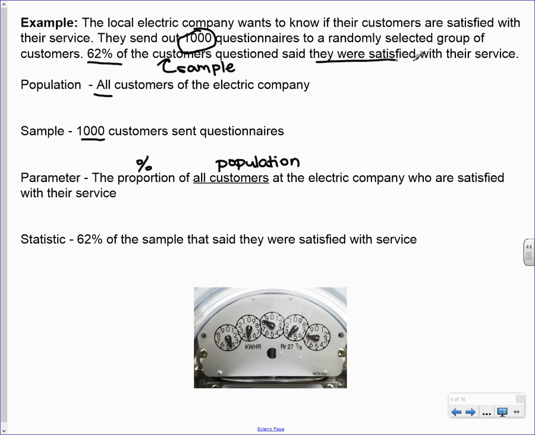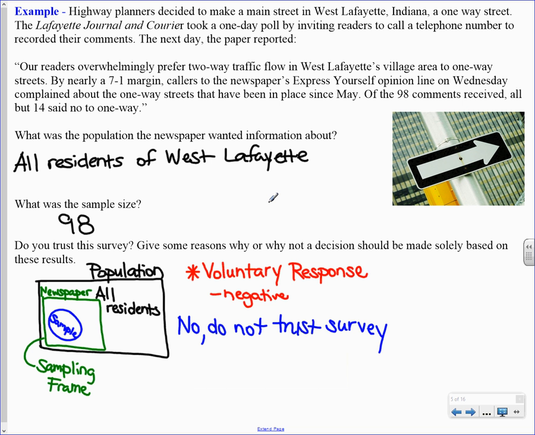Because that's what we were looking for here. And then the statistic, the information we actually got back from our sample, 62% of the sample said they were satisfied with their service, so that would be our statistic. So the parameter, we actually don't know what it is. We don't know the actual percentage. We're just explaining what it would be if we could get that information.